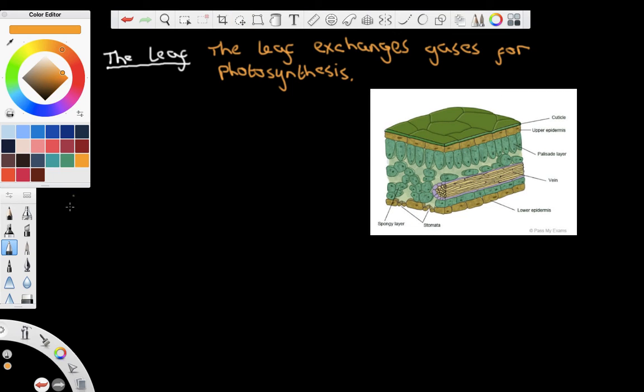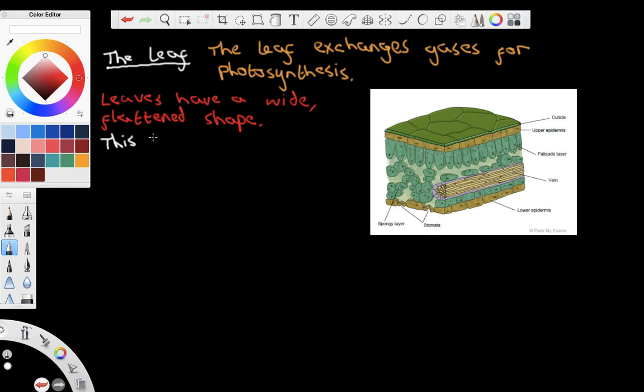And we can say that leaves have a wide flattened shape, and we can say that this increases surface area.